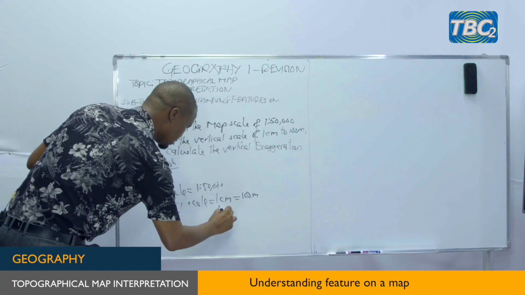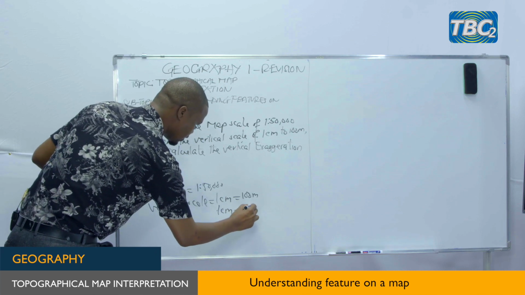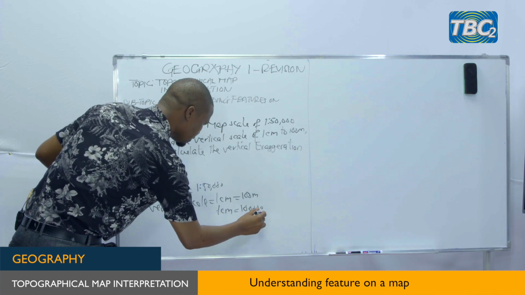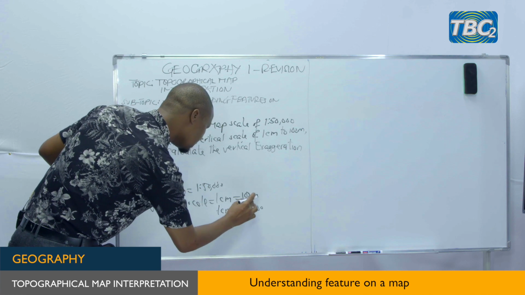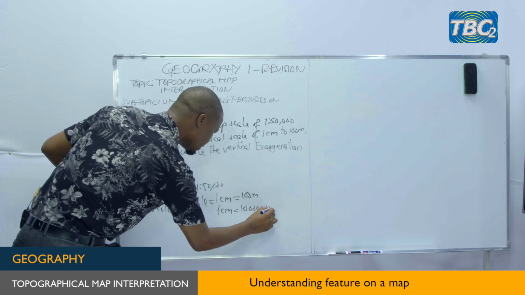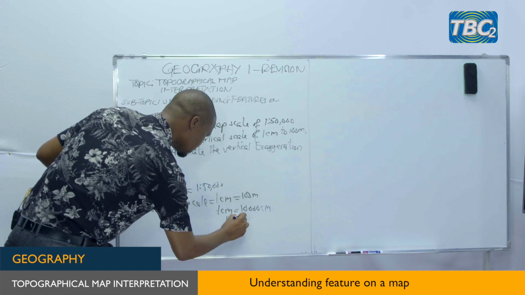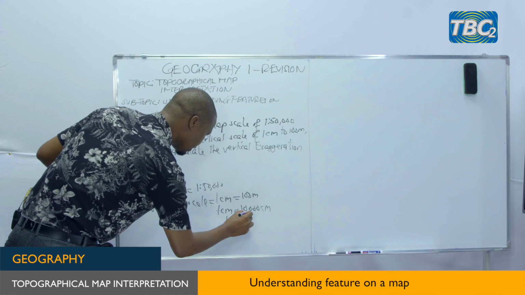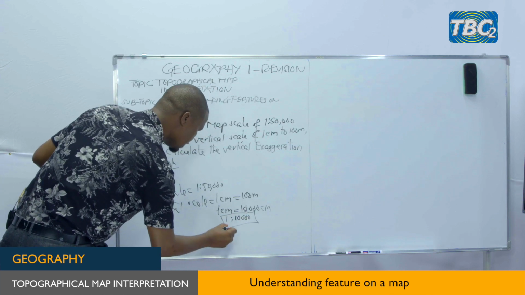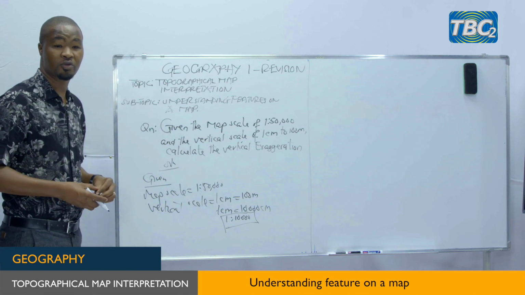This is the same as to say 1 centimeter is equal to 10,000 centimeter, so this is equal to 1:10,000. And we have the map scale. Remember, the map scale is equal to the horizontal scale.